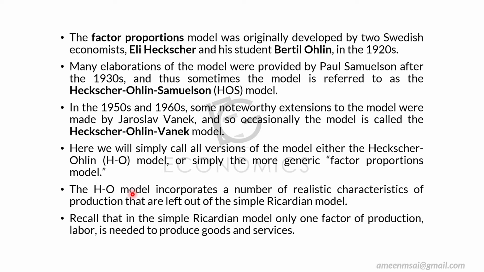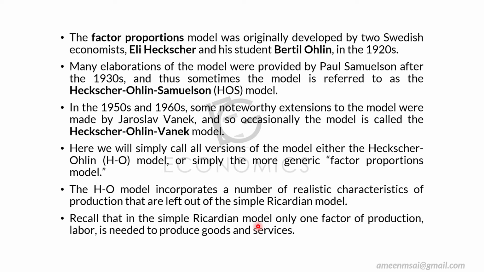The HO model incorporates a number of realistic characteristics of production that are left out by the simple Ricardian model. Recall that in the simple Ricardian model, only one factor of production, labor, is needed to produce goods and services. So, as I said in the introduction, the Heckscher-Ohlin model is a continuation or an updated version of Ricardo's comparative cost advantage theory. In the Ricardian model, he skipped many of the basic concepts.